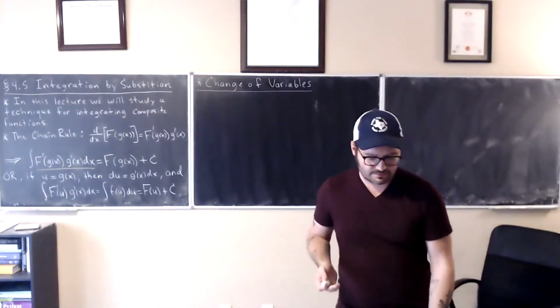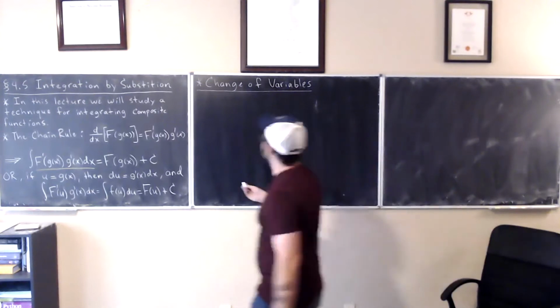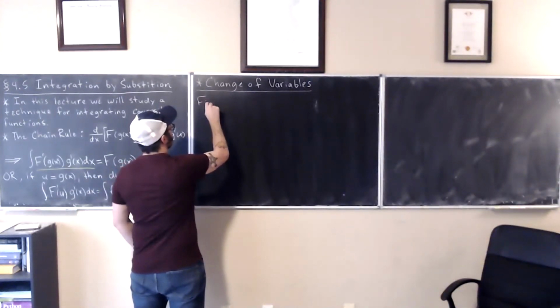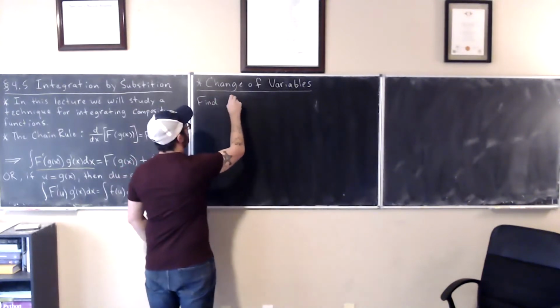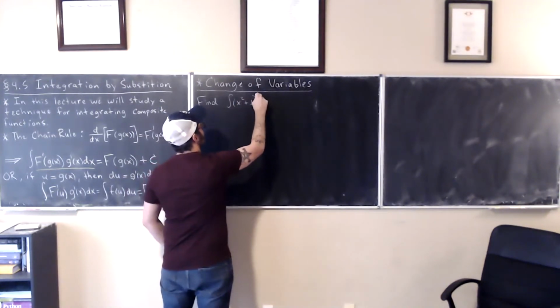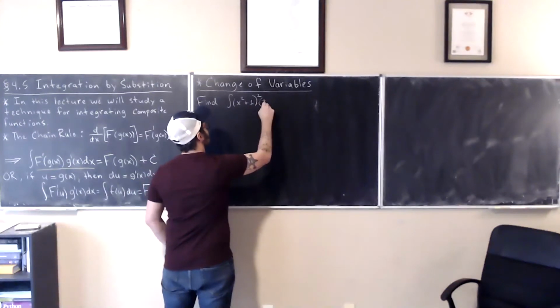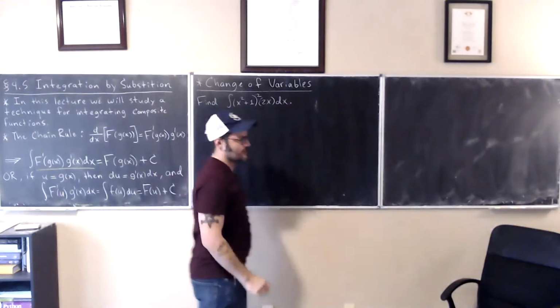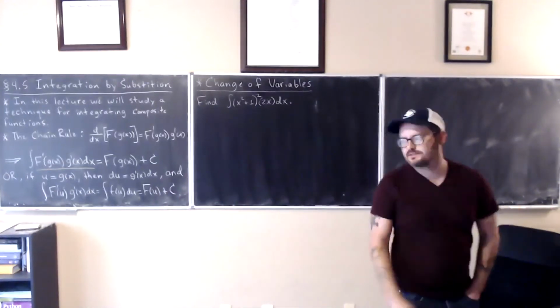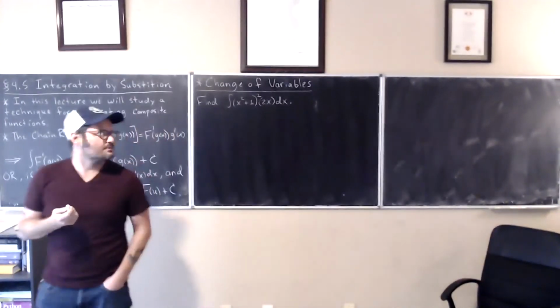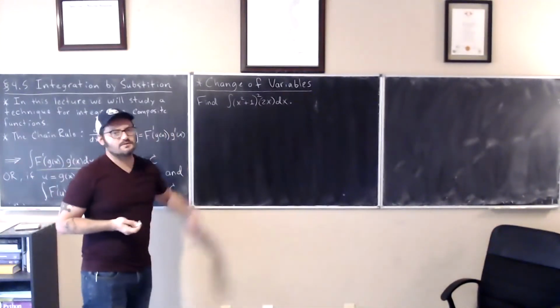So I think that the best way to describe this is with an example. Find the indefinite integral of (x squared plus 1) all squared times 2x dx. Now with the techniques that we had prior, it wouldn't be so easy to find the antiderivative of this.